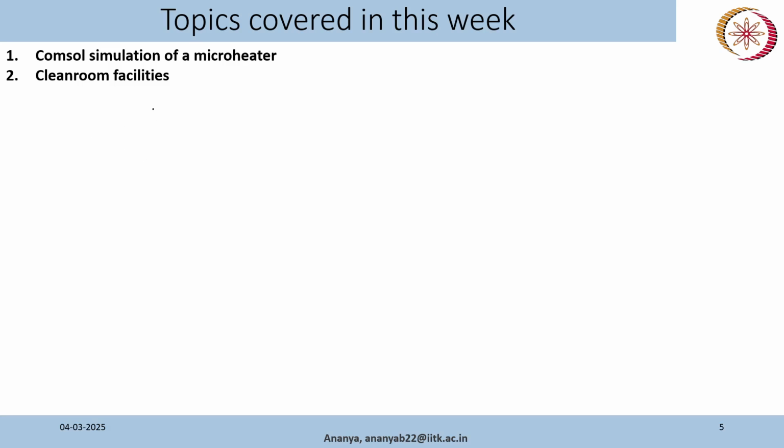Next, the lab class was on clean room facilities. Again, the clean room protocols were discussed, so how you should wear your hairnet, how you should wear your gown, and all the protections that you need to take, and about the air shower, so that if there are some particles on you, then the air shower will shower them down.